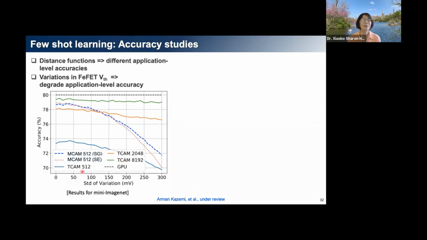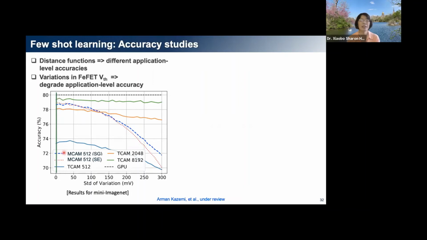Then we have 3 TCAMs. One TCAM has 512 columns, and the other 2 have an increasing number of columns. One thing you see is that if there are no device-to-device variations, several of these designs have accuracy relatively comparable with the GPU implementation.